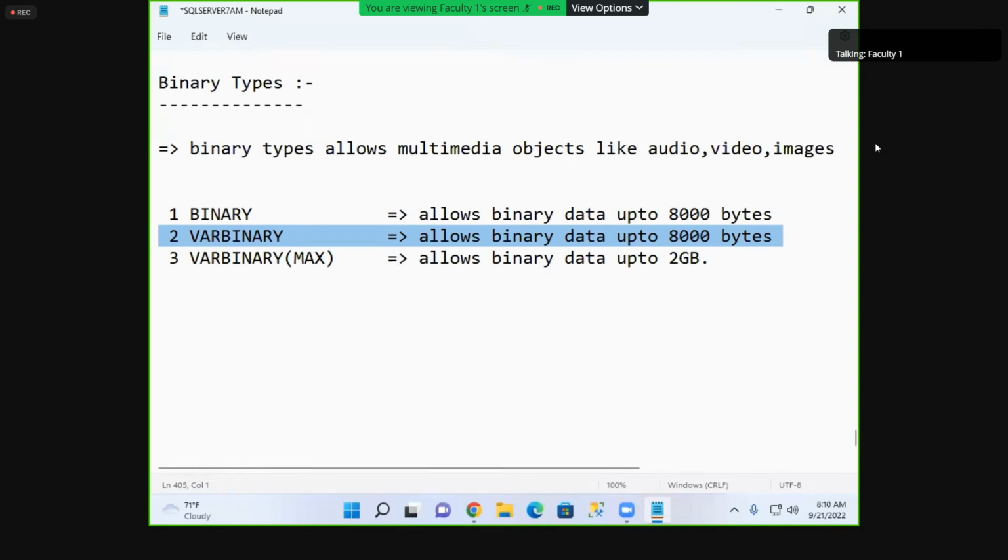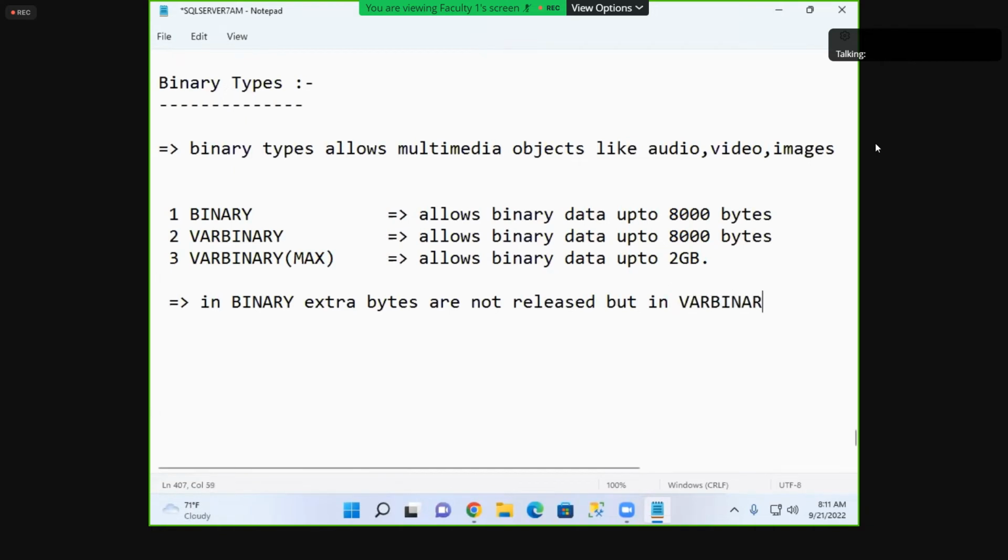The same difference is there between binary and varbinary.